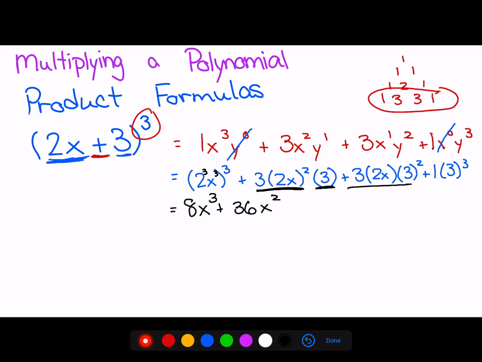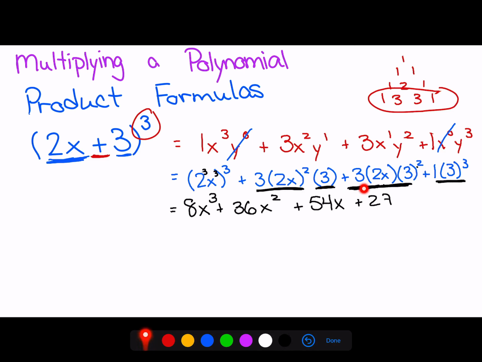Right over here, 3 squared will give me 9. 9 times 6 will give me 54x. So plus 54x. And then lastly, 3 cubed. Well, 3 times 3 is 9, times 3 is 27.